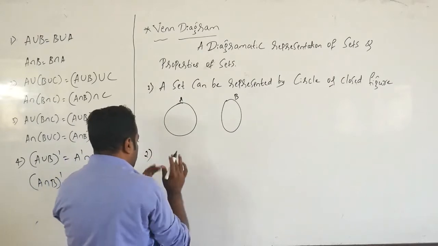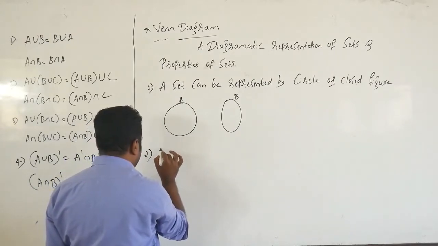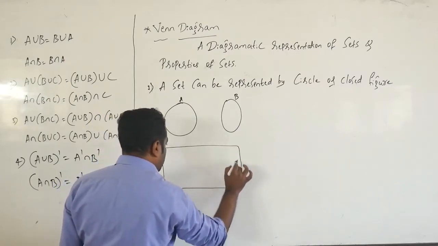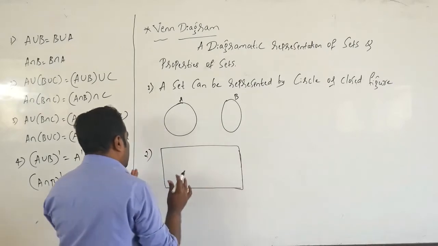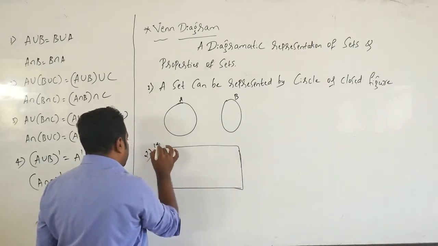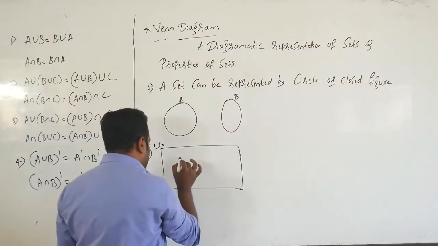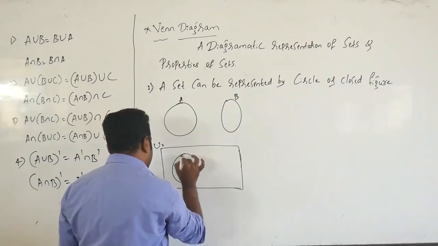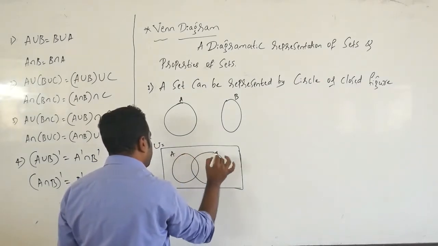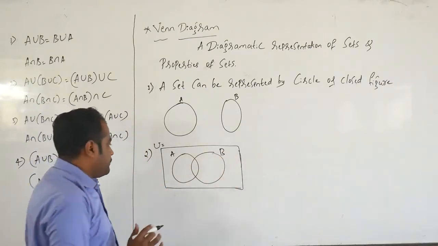Here we have to show A union B. In one rectangle, that whole set is called universal set. U is nothing but the universal set. This is a set A. This is a set B. Union means addition, combine.